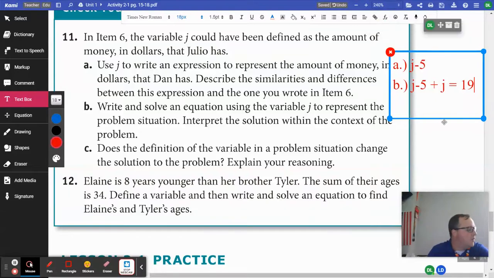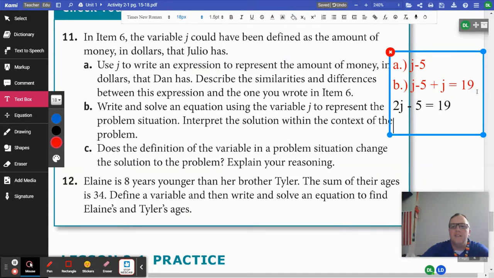So if we solve this, we would get 2J minus 5 equals 19.